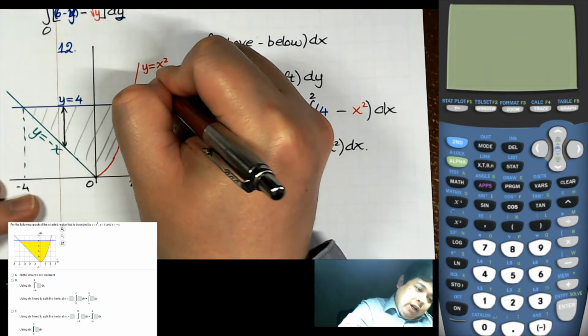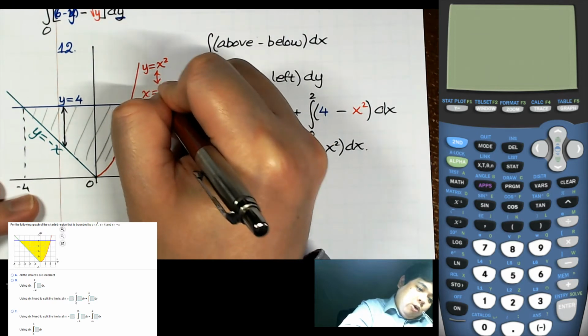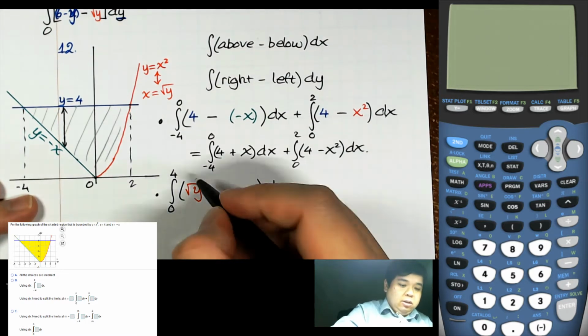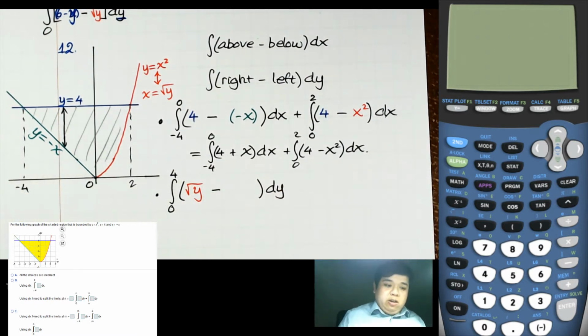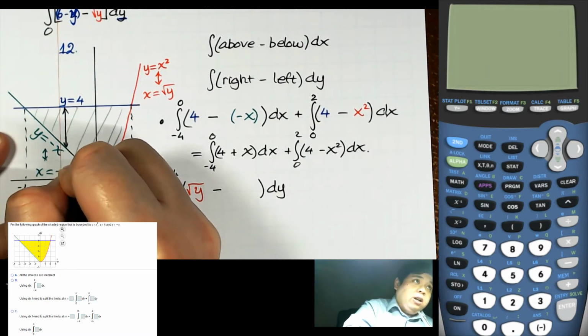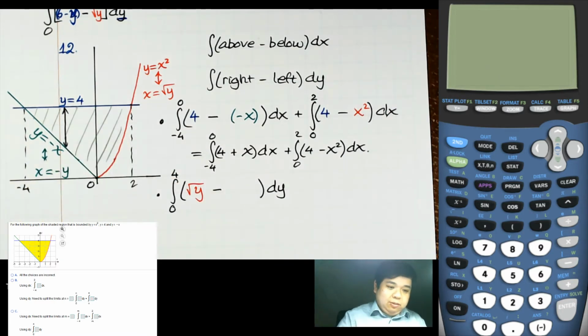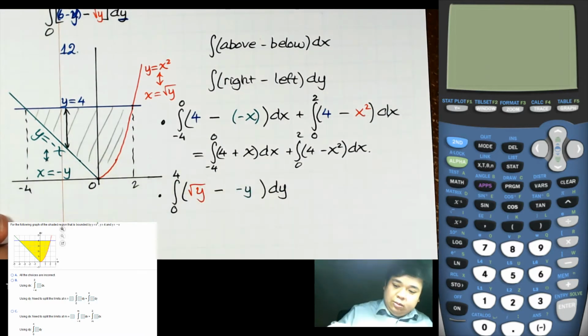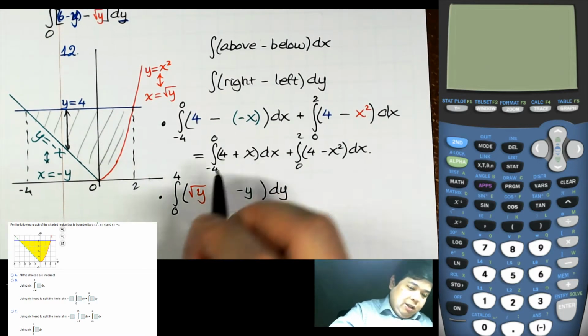Y equal to x squared is equivalent to x equal to square root of y. That is the function on the right. And the function on the left, y equal to negative x, or x equal to negative y.